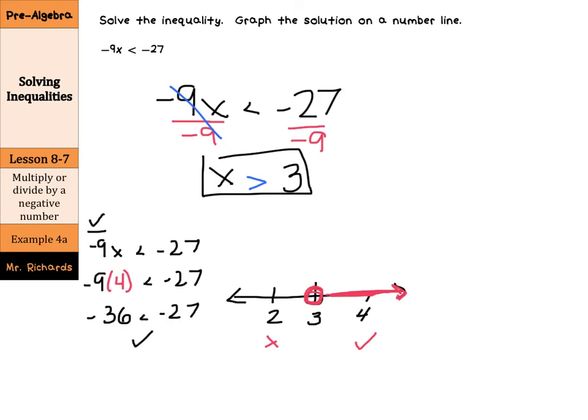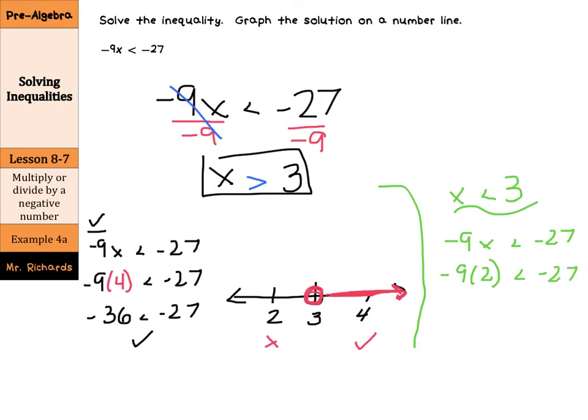Now, what would happen if you forgot to switch your inequality and you had x is less than 3 for your answer? Well, when you went to check it, -9x is less than -27. Pick a number less than 3, like 2. -9 times 2 needs to be less than -27.